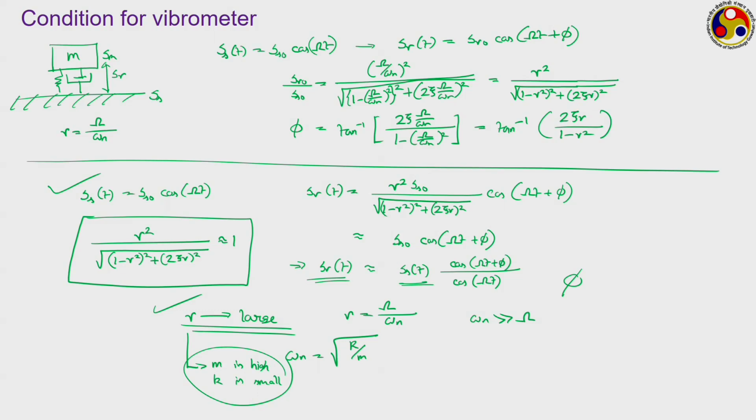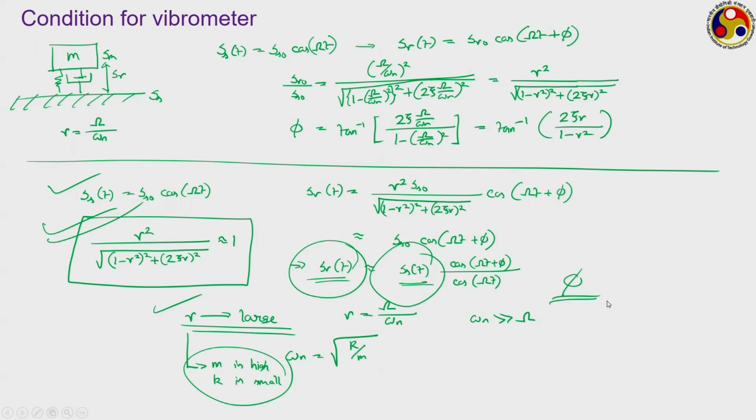But in a nutshell, the condition for using a spring mass damper combination as a vibrometer is that the ratio r square upon root over (1 minus r square) whole square plus (2 zeta r) whole square has to be quite close to 1. Then only the resultant displacement SR follows the imposed displacement SS with a certain phase lag, but follows quite well apart from this phase lag phi. Of course, the phase lag can also be controlled by controlling the damping coefficient ratio.